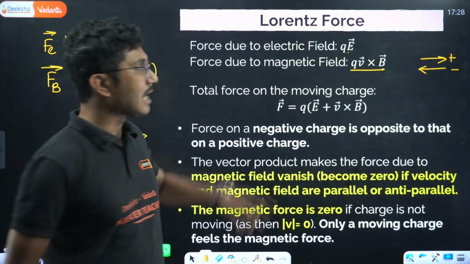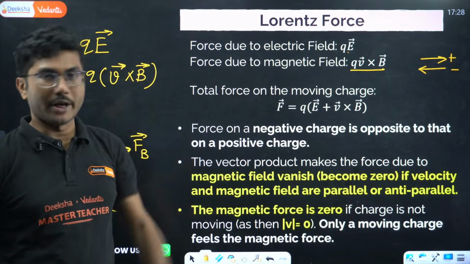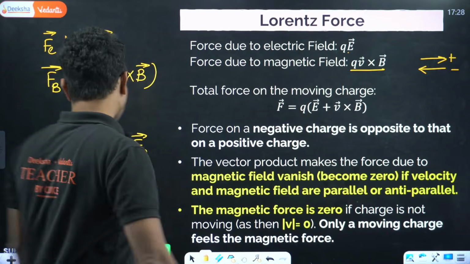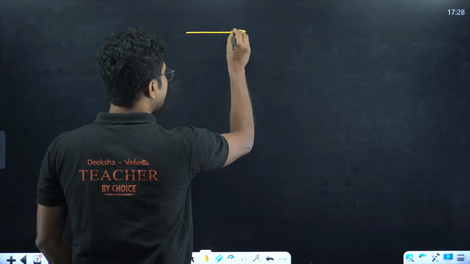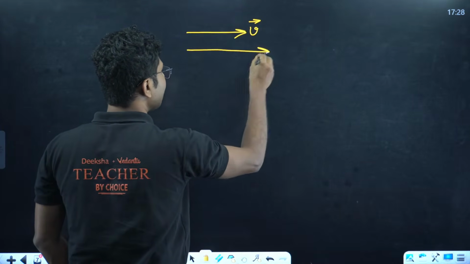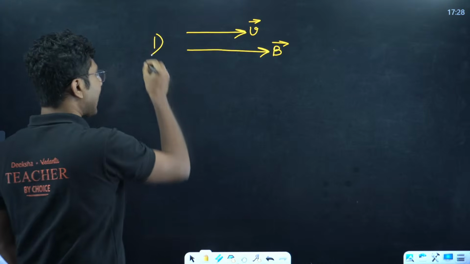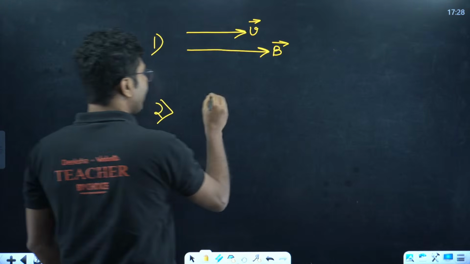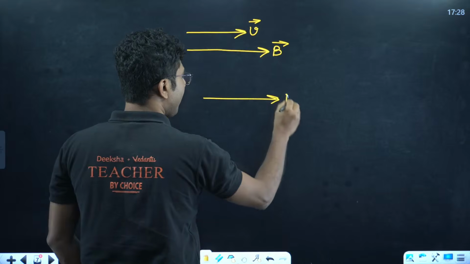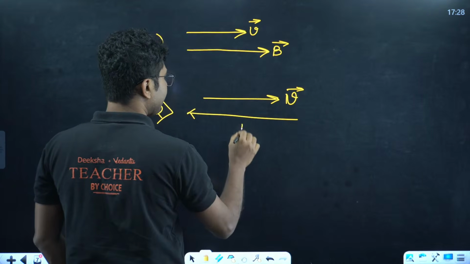As I mentioned, the charged particle has to move. V cannot be zero. That is condition number 1. Second condition is that V and B are parallel. Suppose the particle is moving in this direction and the magnetic field is in this direction. This is case number 1, and case number 2 is velocity is in this direction and magnetic field is in the opposite direction.